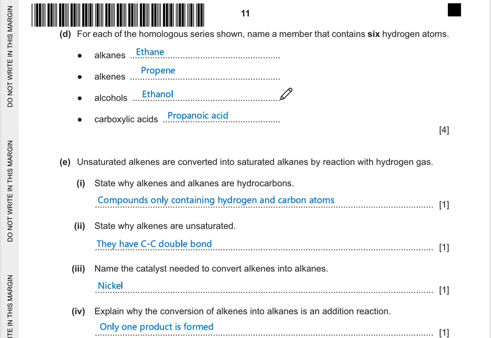For each of the homologous series shown, name a member that contains 6 hydrogen atoms. So 6 hydrogen and not carbon. When I first approached the question, I thought it asked for 6 carbon atoms. So I did the questions as 6 carbon atoms until I reached the carboxylic acids, which made me ponder, do I actually know the name for 6?